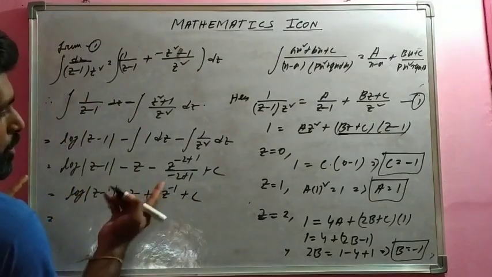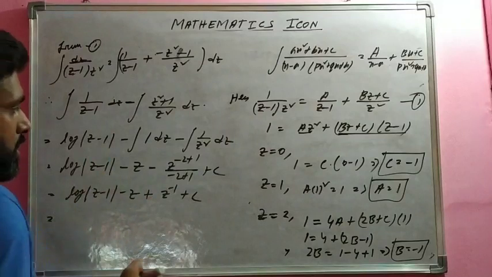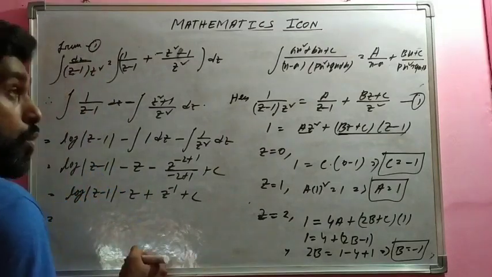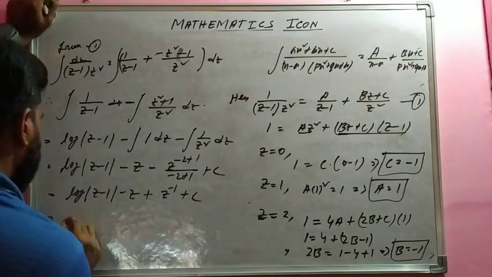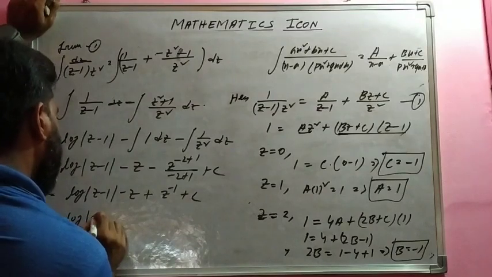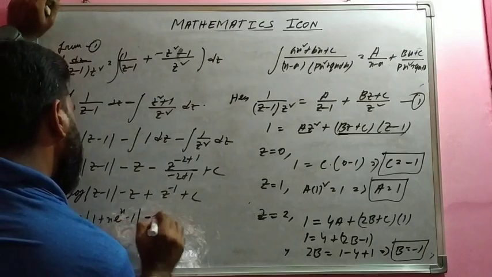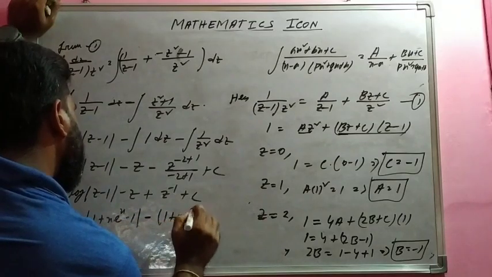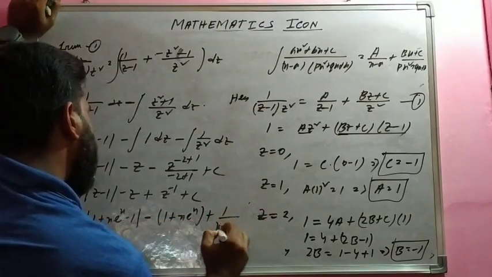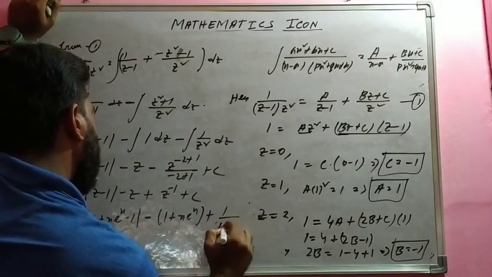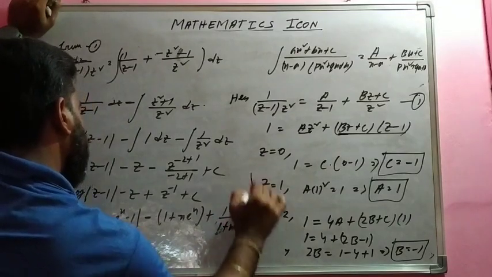जस्ट z की जगह वैल्यू बिठा दो जो आपने सब्स्टिट्यूट किया था. ओके, x 1 प्लस x टू द पावर x है कि नहीं? तो log 1 प्लस x टू द पावर x माइनस 1 माइनस 1 प्लस x टू द पावर x प्लस 1 बाई 1 plus x to the power x plus c.